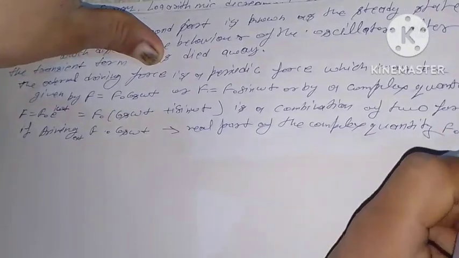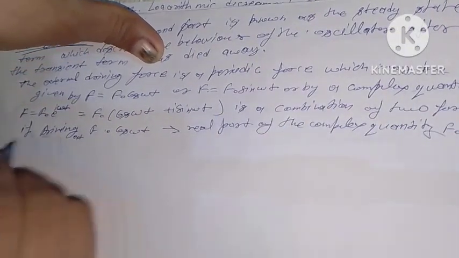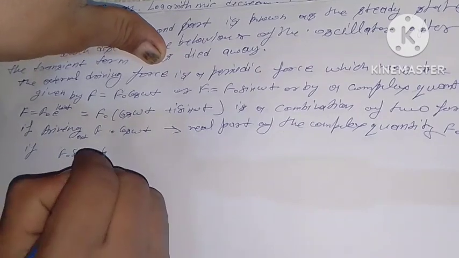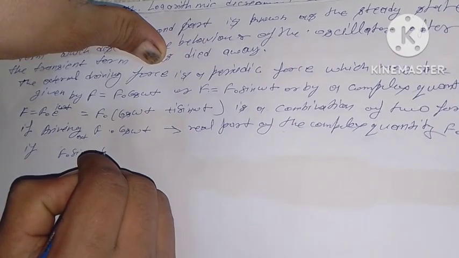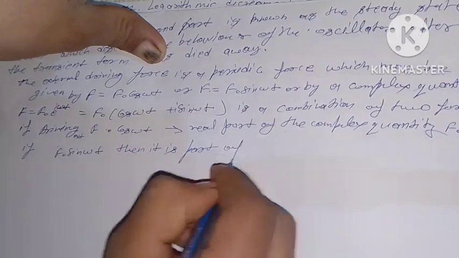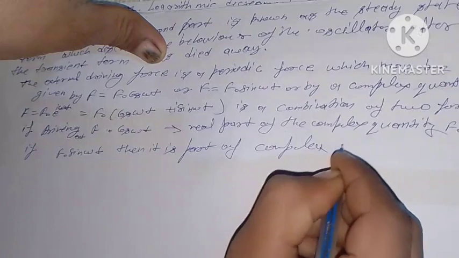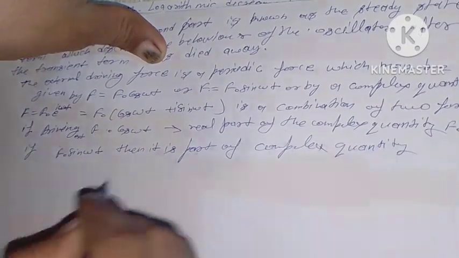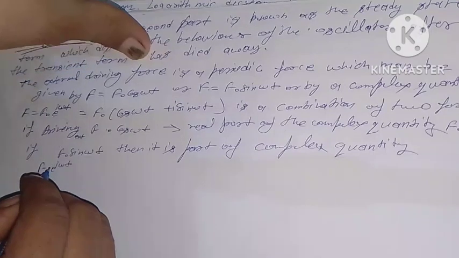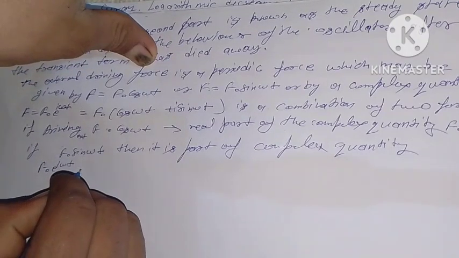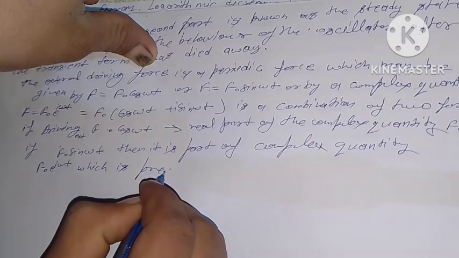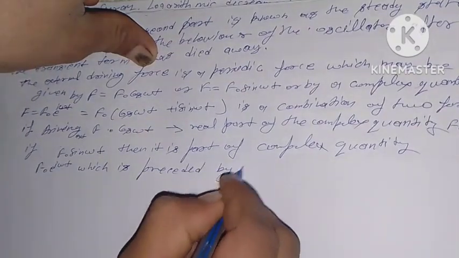If the force is F naught sin omega t, then it is the imaginary part of the complex quantity F naught e to the power i omega t, which is preceded by i.